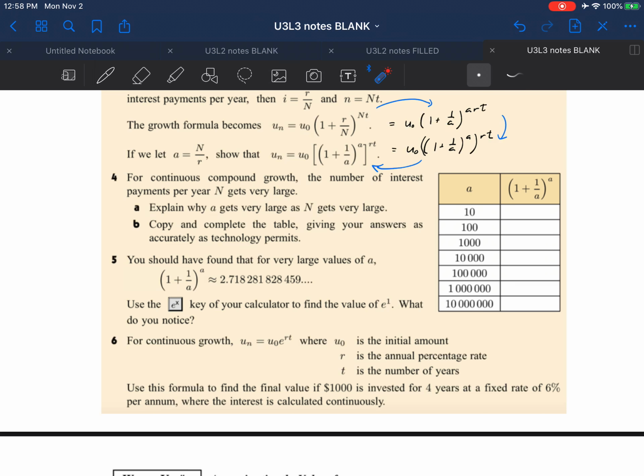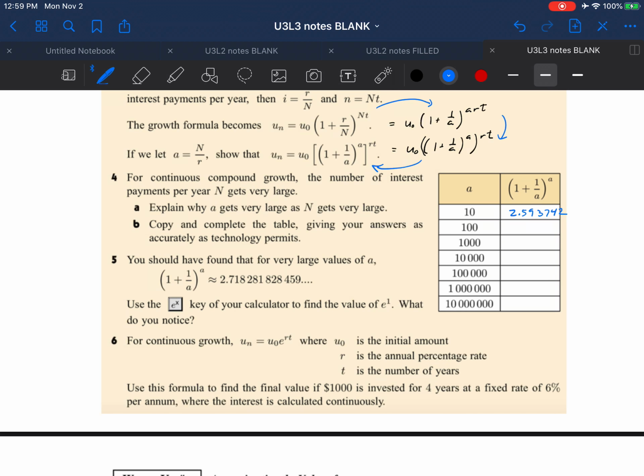As accurately as technology permits, so let me make these a little bit more. Yeah, I think that's plenty. The first value is 2.593742. Now I'm going to copy that and paste it in the remaining 6 cells.